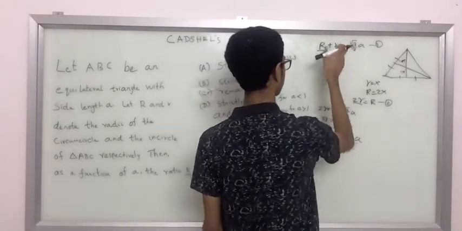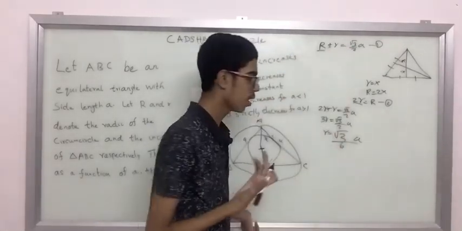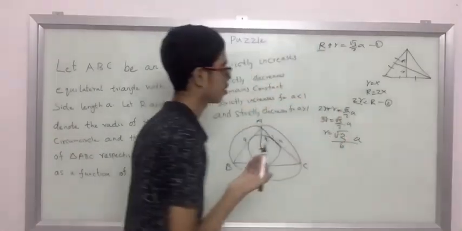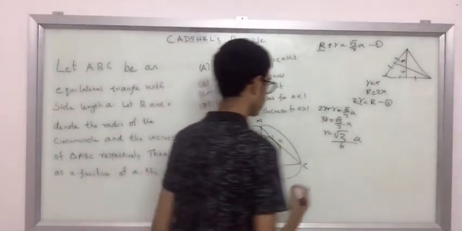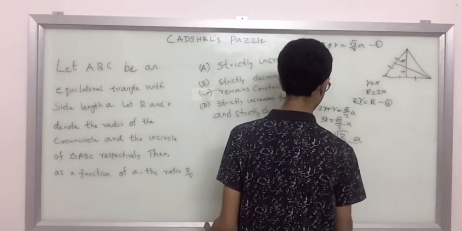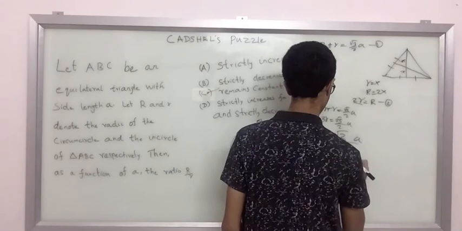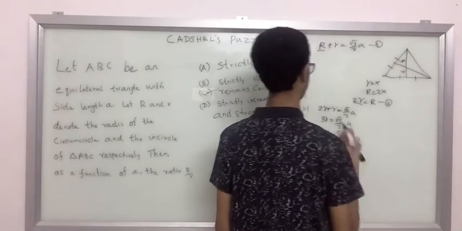Now I know r is equal to root 3 by 6 a, and I can find capital R also. Capital R is equal to root 3 by 2 a minus root 3 by 6 a.